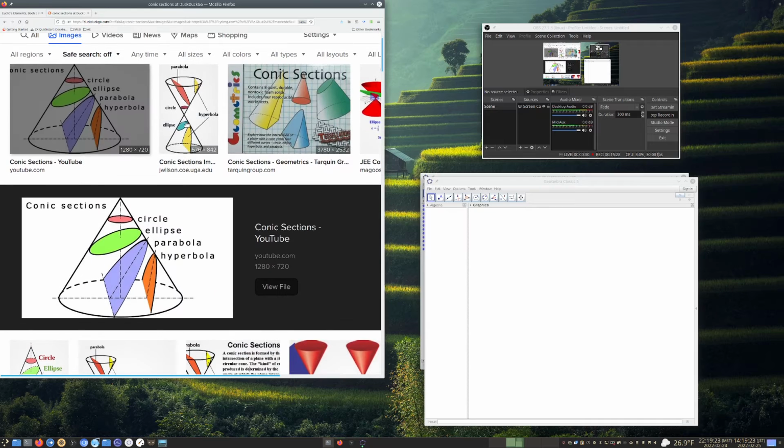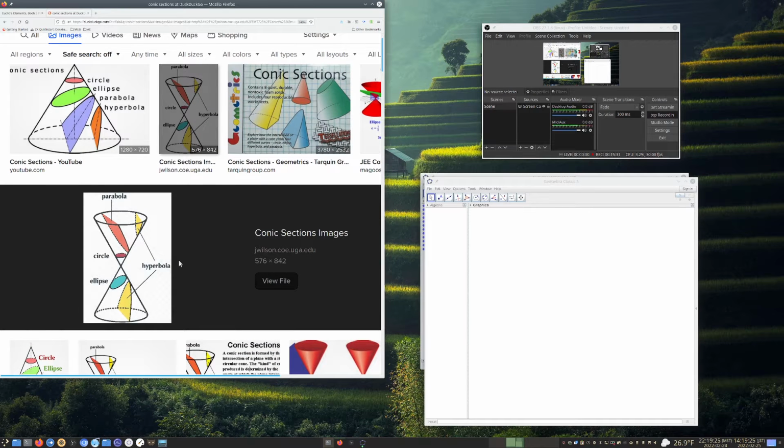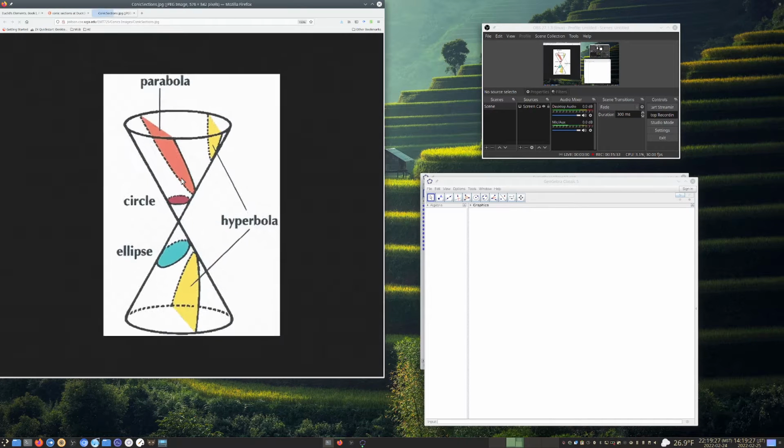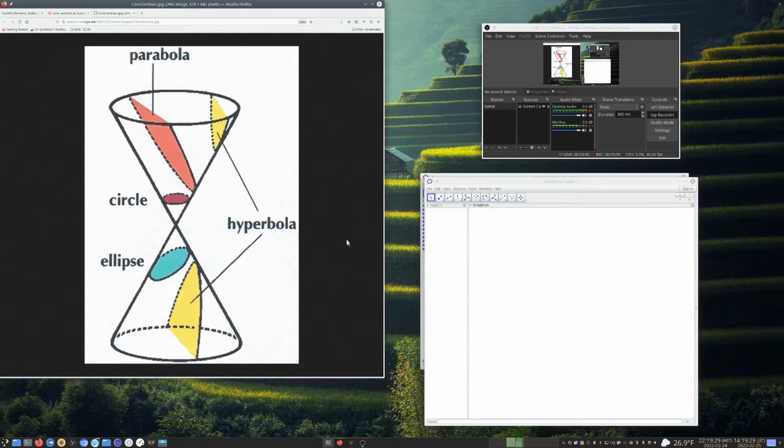Here. So you take a two-sided cone like this, and what you do is you slice the cone with a plane, and then there are six possible cases.